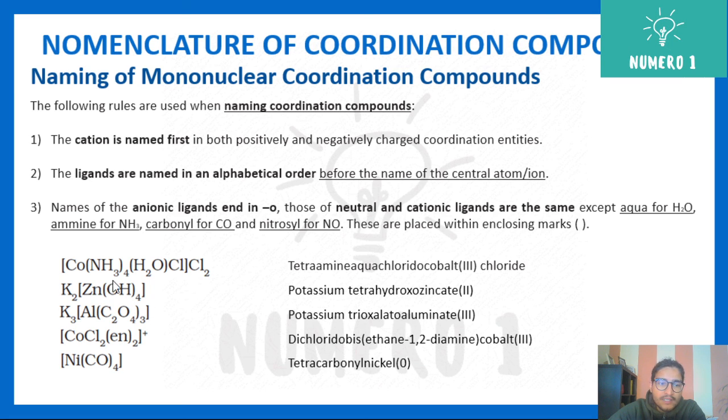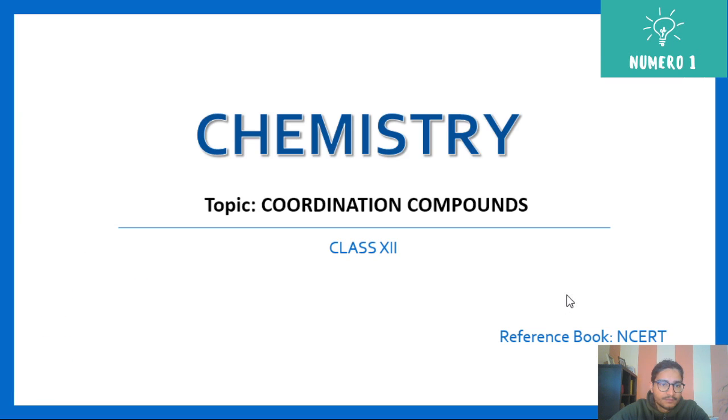To balance that 2 minus, I need K2, that is 2 K plus. In the same way, for this one, aluminium is at +3 state, and C2O4 has a charge of 2 minus, so the total charge on this entire sphere will be -3. Hence I will require 3 K plus as counter ions, and that's it. Just practice all this and that will be enough. Thank you.